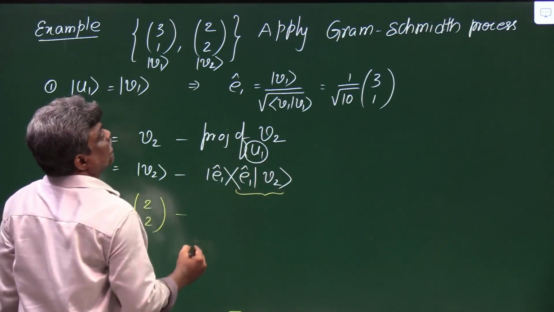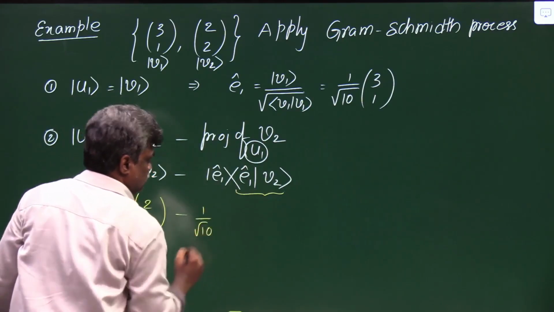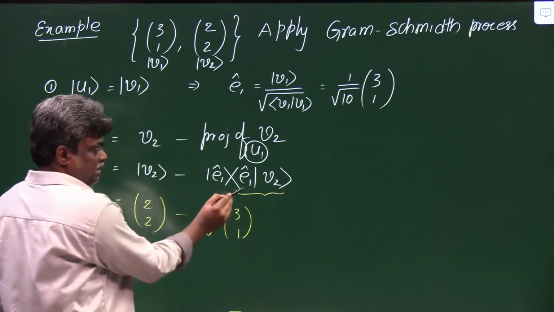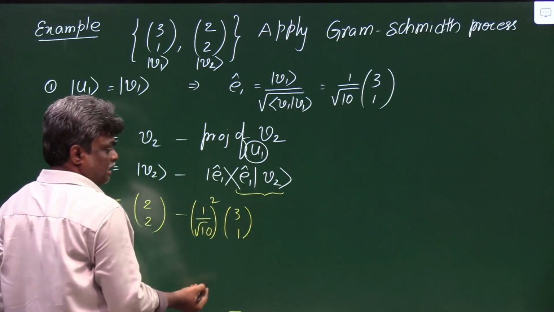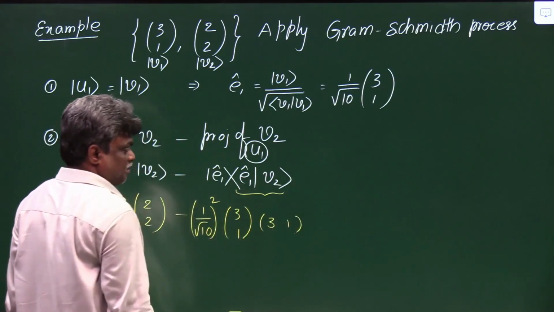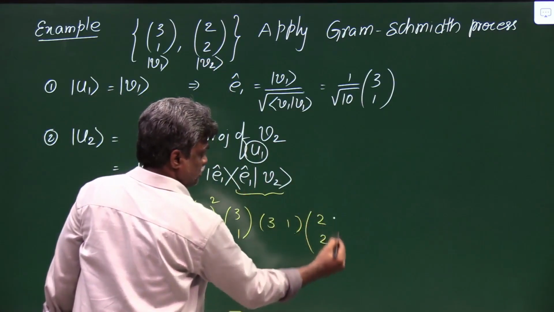This is the ket vector, so that's why E1 cap, which is 1 over root 10, is the ket vector as it is a column, and this is the bra vector, again 1 over root 10 whole square. But this is a bra vector, that's why I have to write it as a row matrix. And this is V2, the given one, V2 as it is, 2, 2.